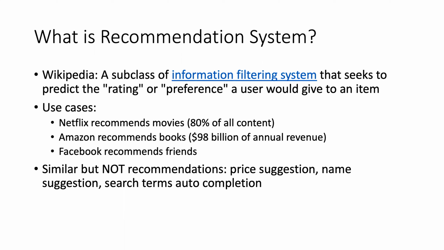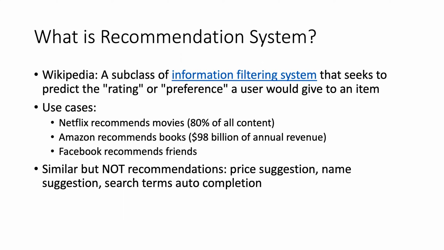Also, for search terms, sometimes when you type in a search word, there is an auto completion. It looks very similar to, I suggest you search for something, but it is not. It is an auto completion. It is not a recommendation system.